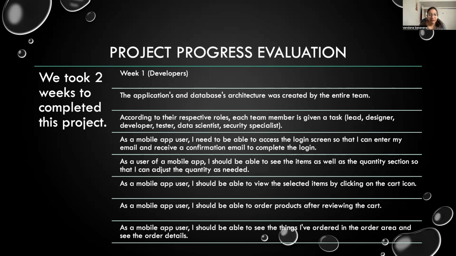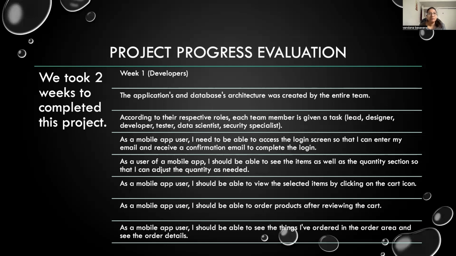As a mobile app user, I need to be able to access the login so that I can enter my email and receive a confirmation to complete the login. I should also be able to see the items as well as the quantity section so that I can adjust the quantity of the product that I need.